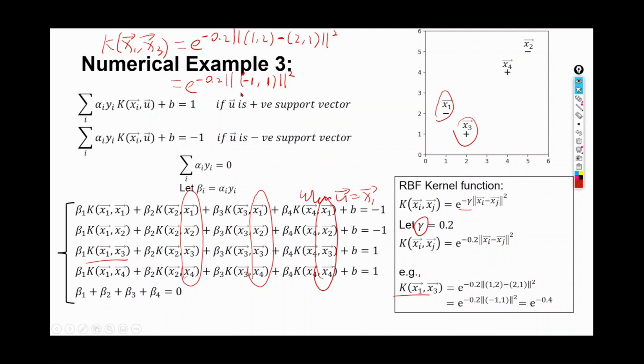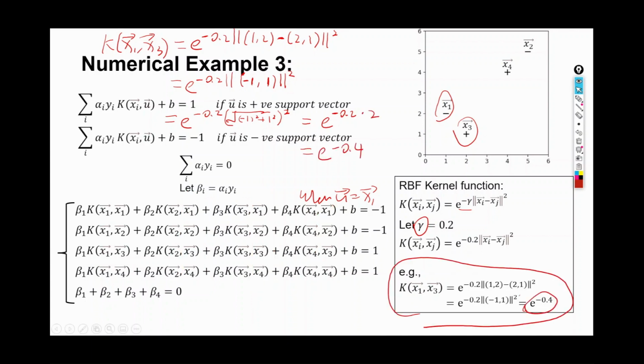So e to the power of -0.2 times the norm squared, where the L2 norm is the square root of (-1) squared plus 1 squared, which is the square root of 2. Squared gives 2, so we have e to the power of -0.4. Anyway, the results are already here.